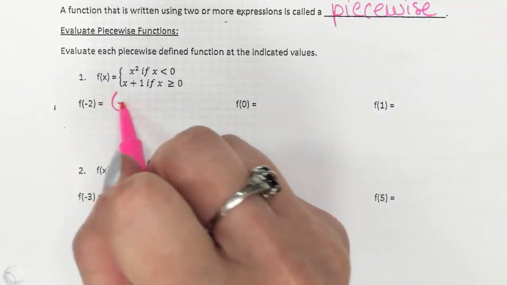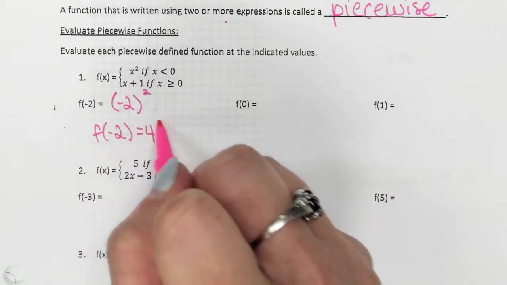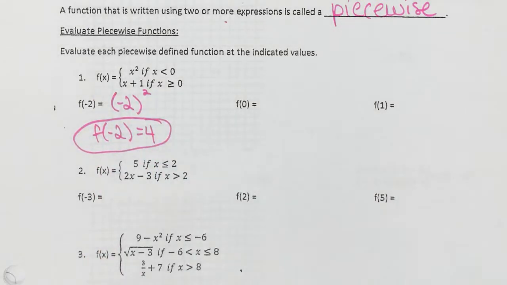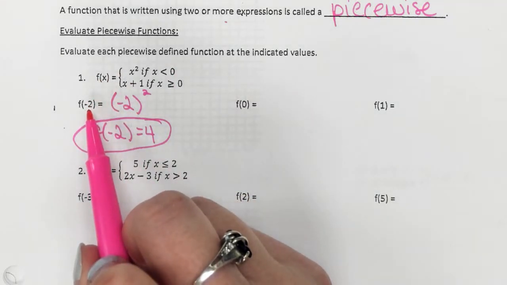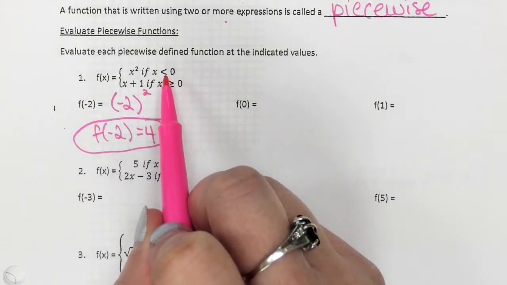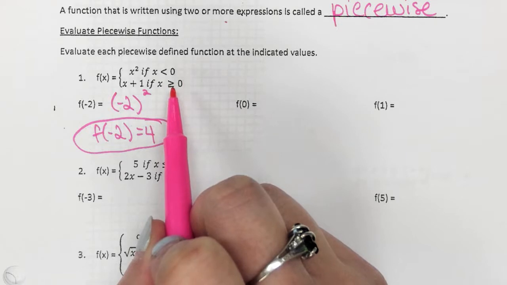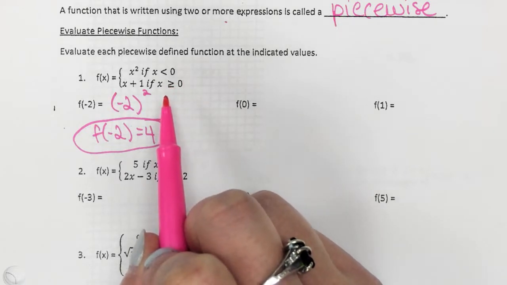So that'll be -2 squared. So f of -2 is 4, and you're done. It was just that simple.